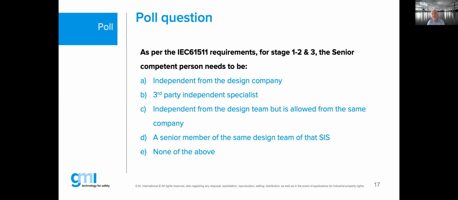Actually, that is not what the standard is saying. It needs to be independent from a design team, but it doesn't mean that he or she needs to be from a different company. I know maybe some large companies, some engineering contractors, may have different design teams, and there is no problem for them to make an assessment of each other's work as long as they were not working in the same design team.